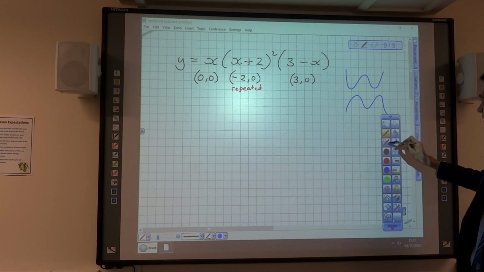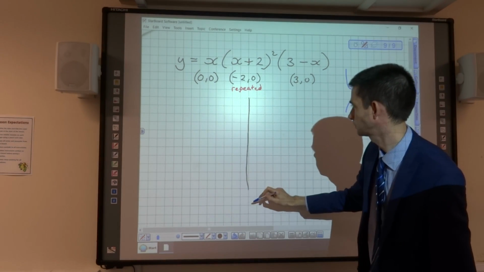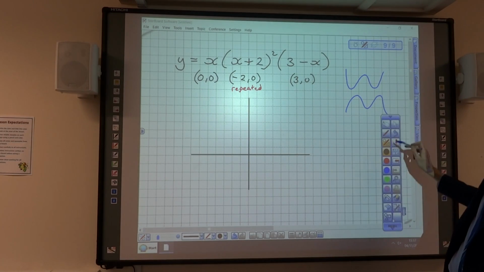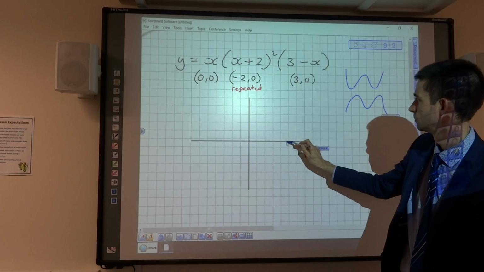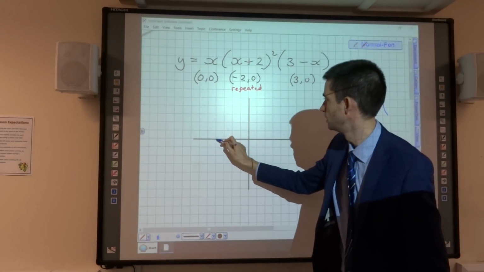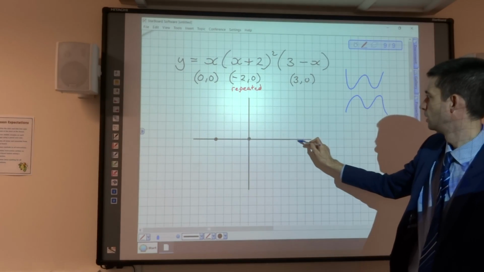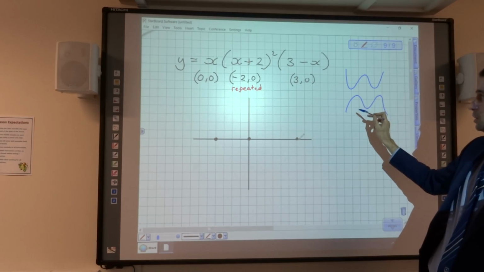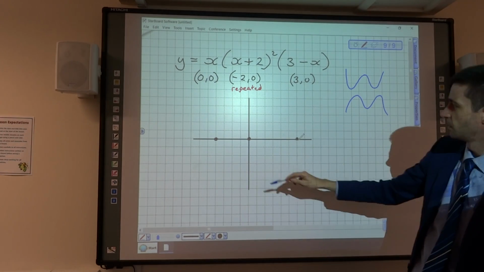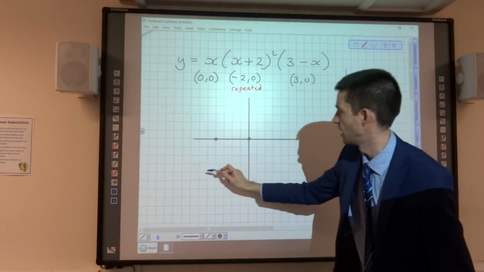Okay. So let's draw a set of axes, put on the important points, and draw the graph from there. Okay, so we've got (negative 2, 0) as a repeated root, (0, 0), and (3, 0), and it's going to look like so. Being a negative quartic, it's going to go up, bounce here, back up through there, and back down through there.